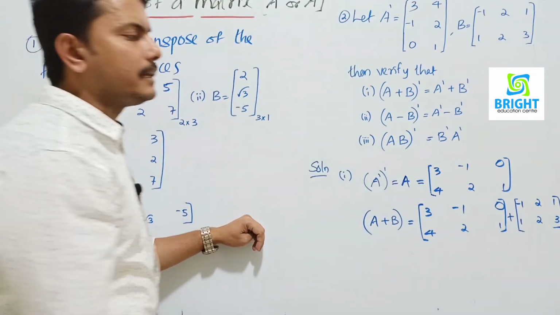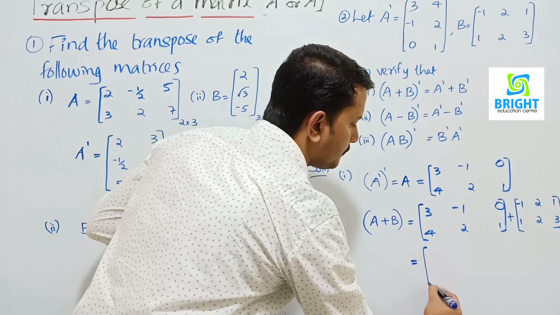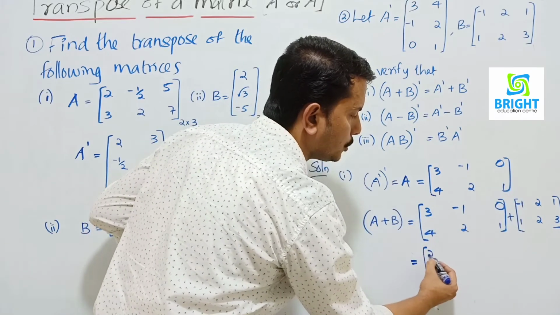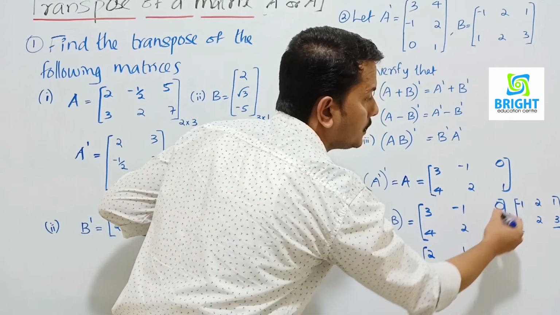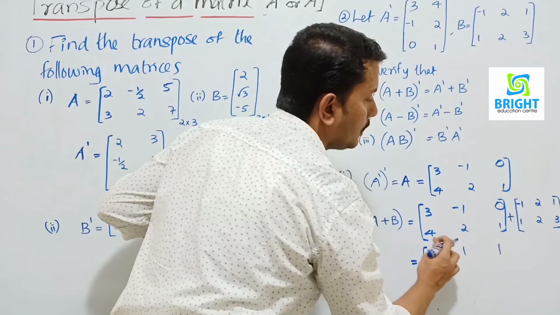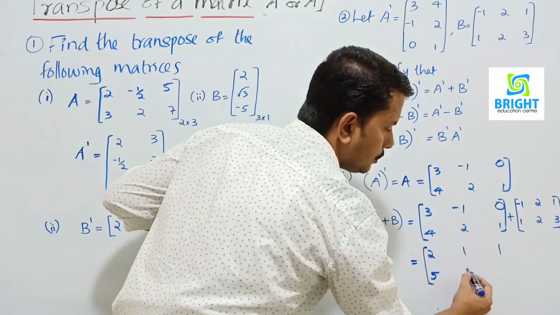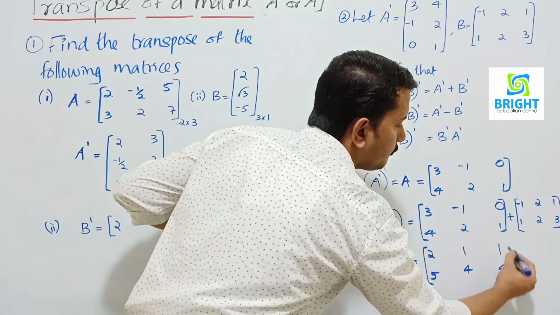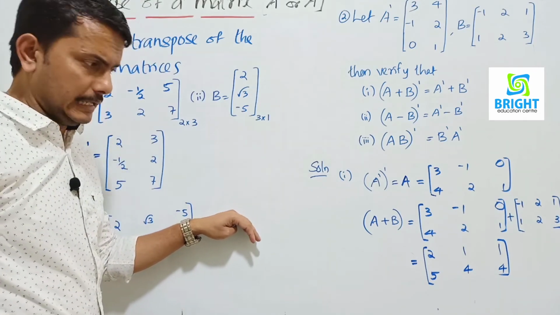If I add those two matrices, the corresponding elements have to be added. It should be 3 plus minus 1, it is 2, minus 1 plus 2, it is 1, 0 plus 1 is 1 again, 4 plus 1, 5, 2 plus 2, 4, 1 plus 3, again 4. So you are obtaining A plus B, you got it.